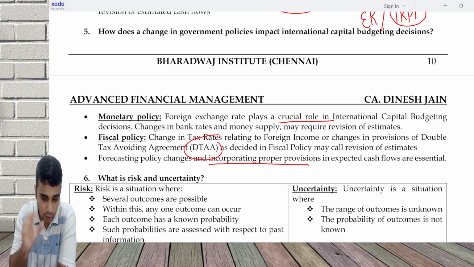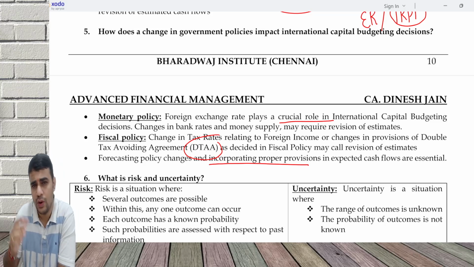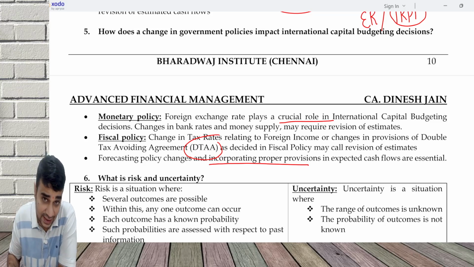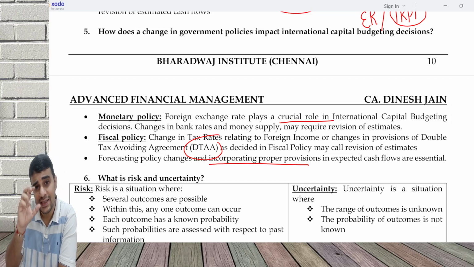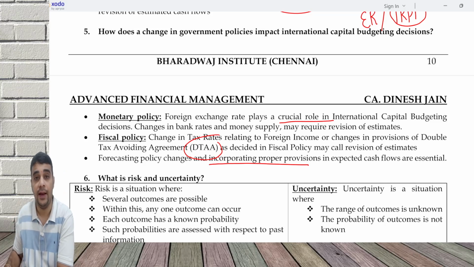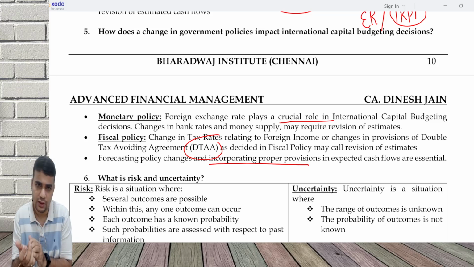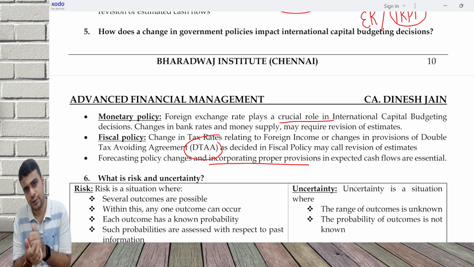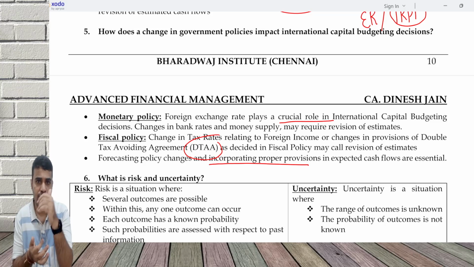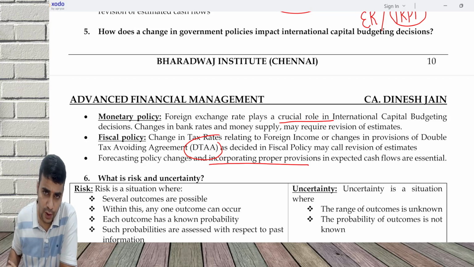What is risk? What is uncertainty? Now, though we keep using these terms interchangeably in the practical world, risk is basically a situation where several outcomes are possible. That is, when you do a project, you can get 10,000 rupees profit, 20,000, 30,000, 40,000, 50,000. Several outcomes are possible.